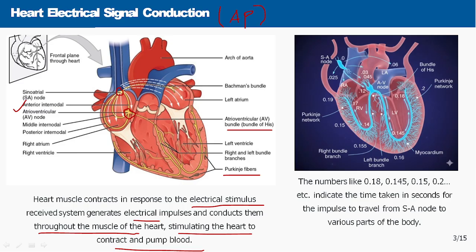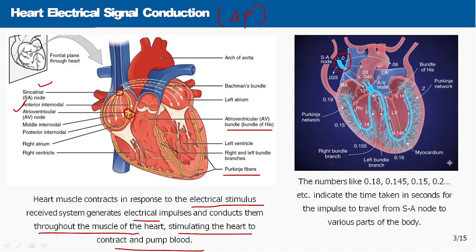This electrical signal transmission which has been generated at the sinoatrial node will take some time to travel through this path. You can mark here, if this is your SA node, from here it starts, and it will take at least 0.12 second to reach the AV node. Then it will travel through these branches in both myocardium parts, the left ventricle and right ventricle, and they start pumping.